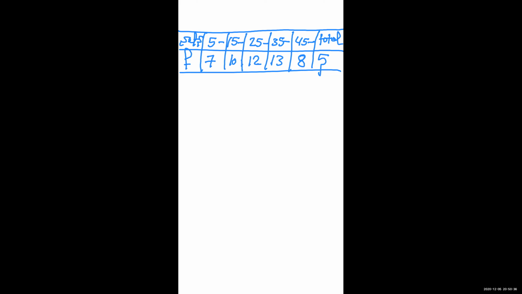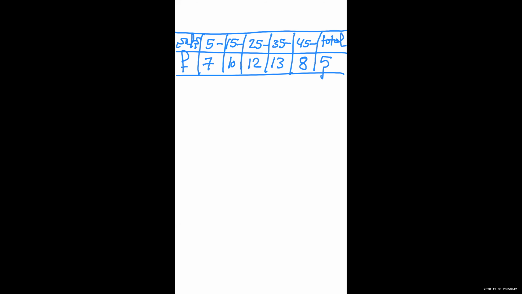Now find the mean of the wage of the worker in pounds. How to find the mean? It will be the same. I'm going to draw the table. Then the table will be like this.